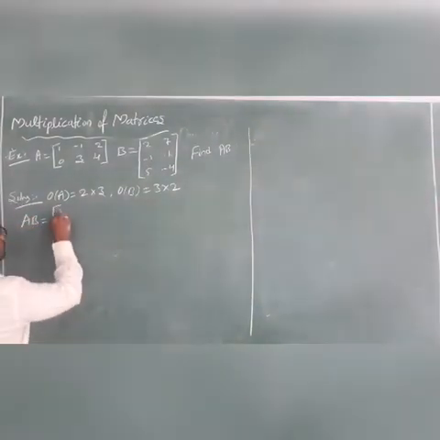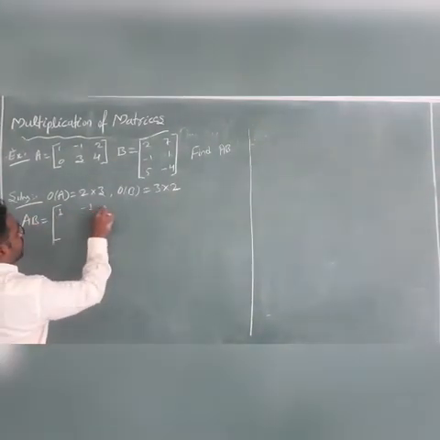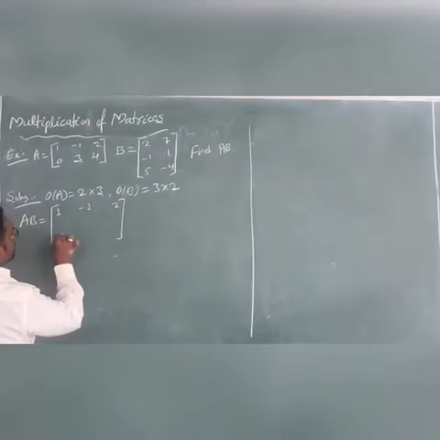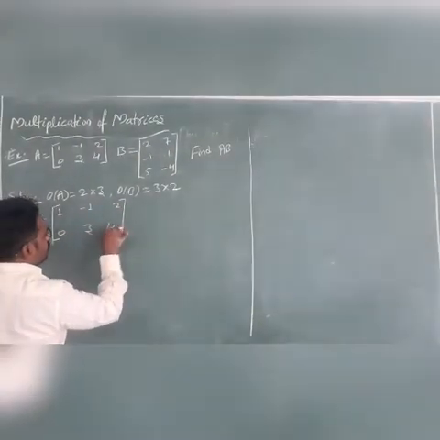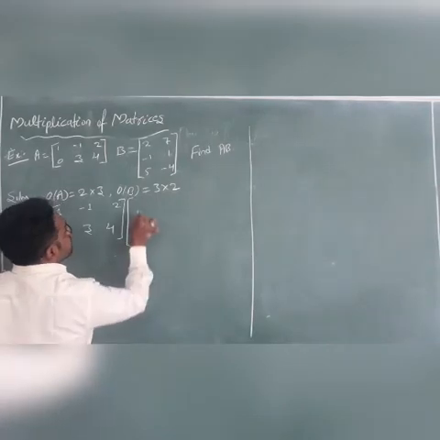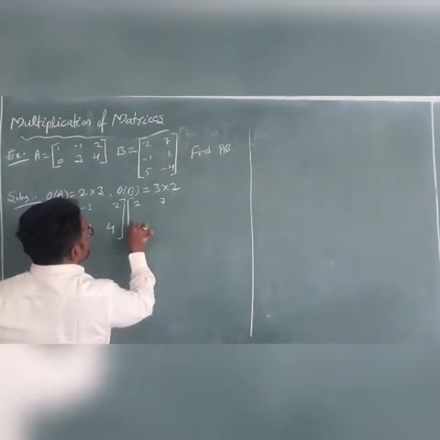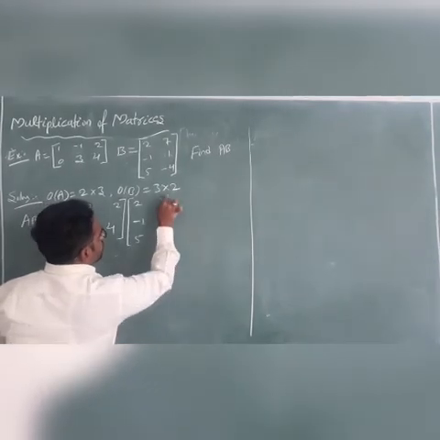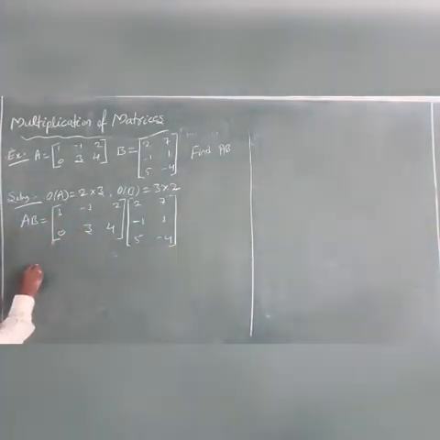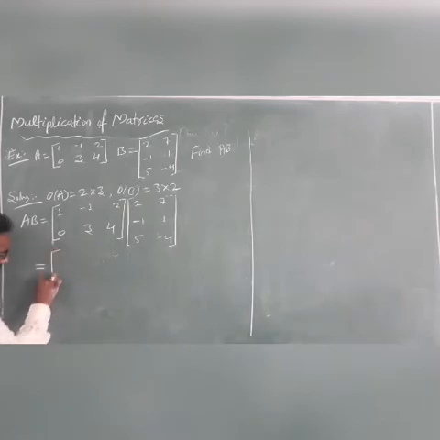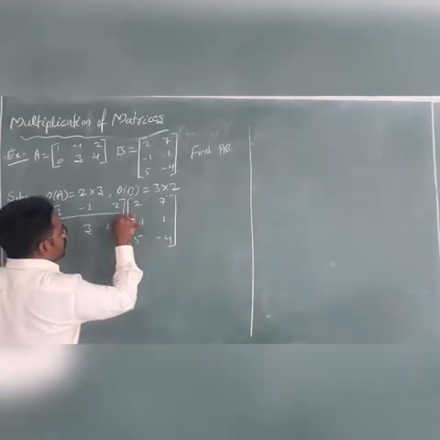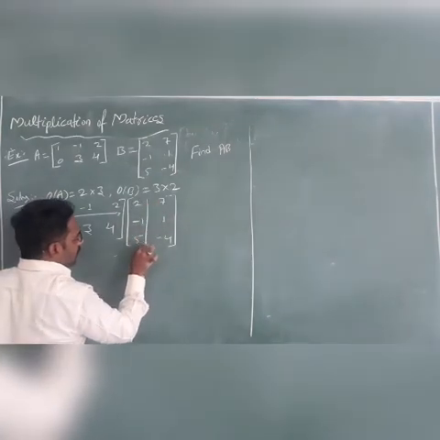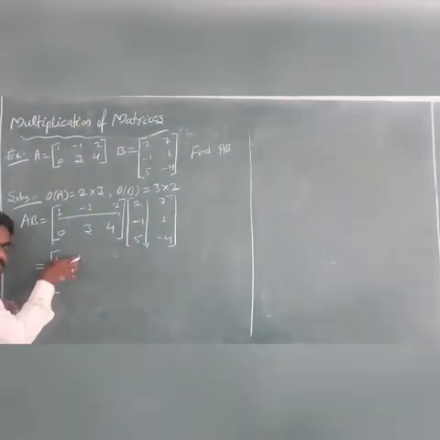Okay. So matrix A, 1 minus 1 2, 0 3 4, with the matrix 2 7, minus 1 1, 5 minus 4. This is the product of the matrices. What did we take? The first row with the first column. That is the first entry here.